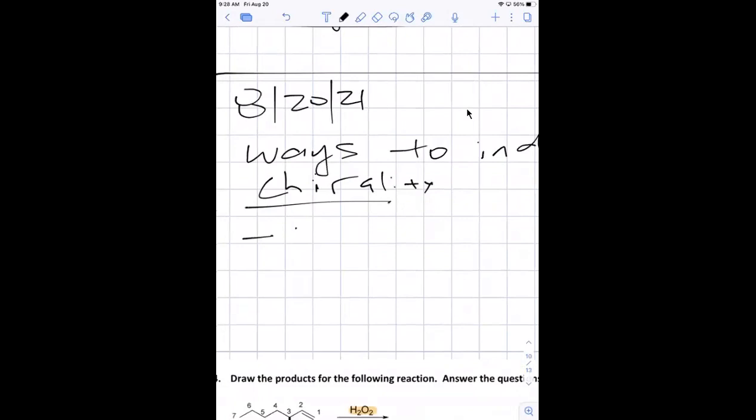One way is to use a chiral catalyst to run a reaction.